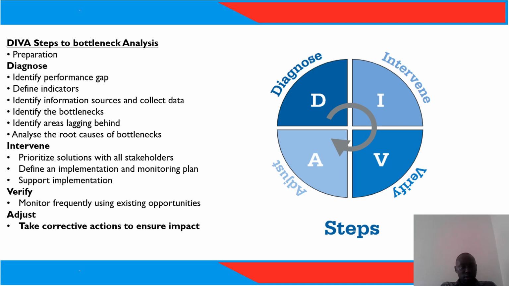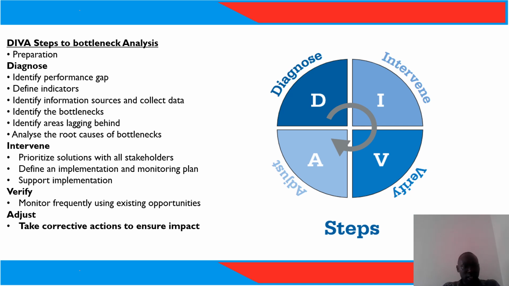Meaning, as we go to the third DIVA, we're looking at verification. First verification, that's how you monitor frequently using the existing opportunities around. So you have an M&E plan that also has indicators that we use to look at this. For example, I talked about ANC4. When you are verifying all this, you need to look at how long we are monitoring this.